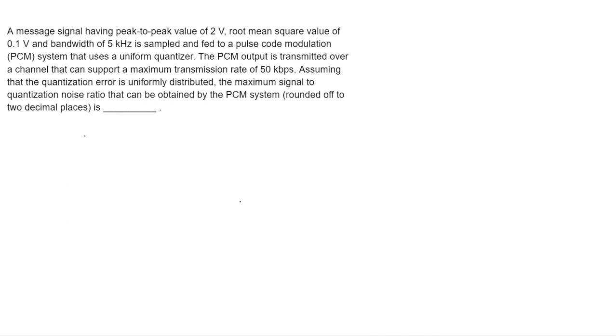Next we will look at the solution. So here we have been given FM as 5 kHz. So Fs equals 2 FM, which is 2 into 5, 10 kHz, and the channel capacity given is 50 kbps.